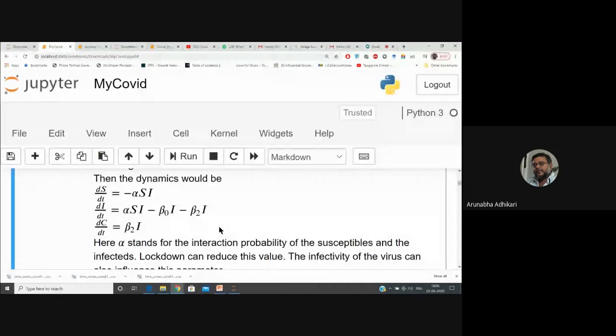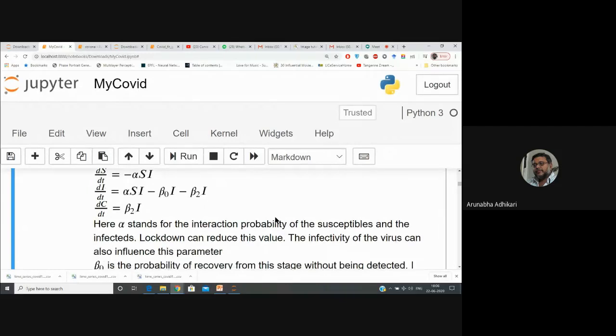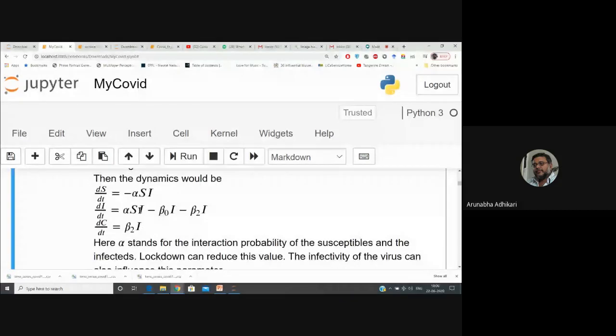The point is, I will make an assumption that today we have 4 lakh infected people, and the population of India is 138 crores. Compared to that, even the susceptible pool is something like an infinite source. So dS/dt doesn't change. S is a constant. If I do that, then alpha S becomes a constant. I call it beta 1, and therefore the second equation becomes beta 1 I minus beta naught I minus beta 2 I. So it's just a simple exponential growth.